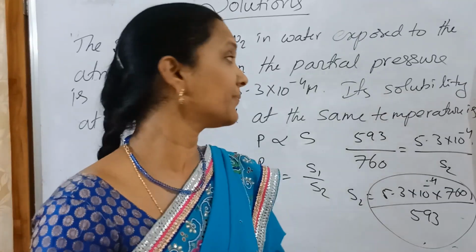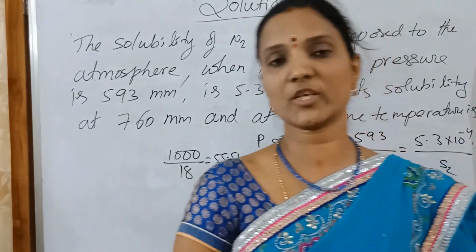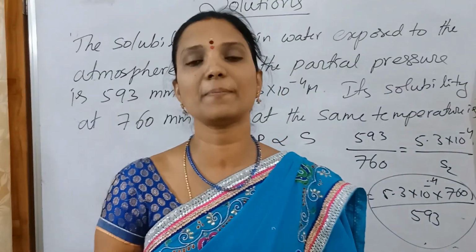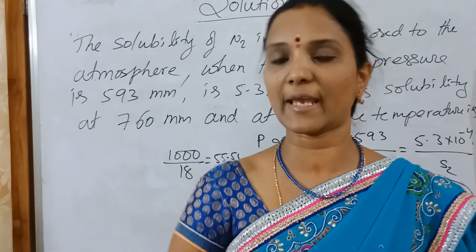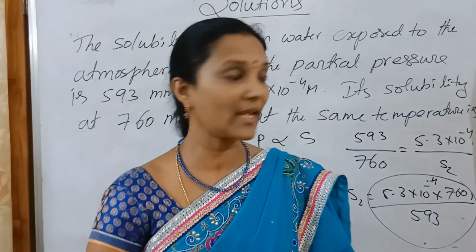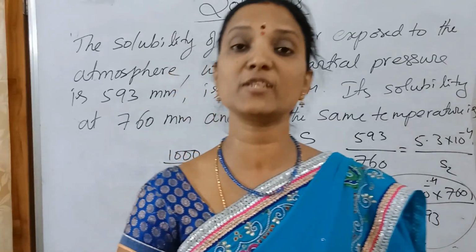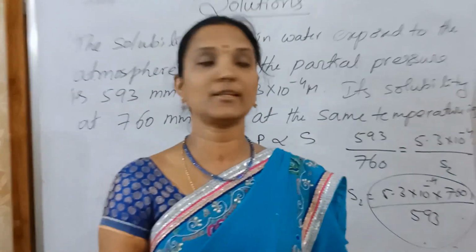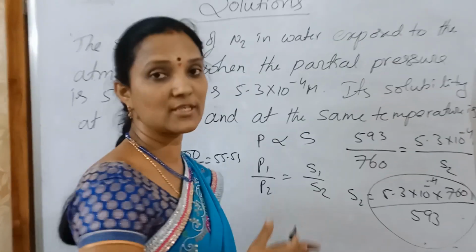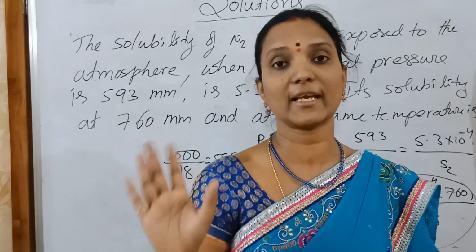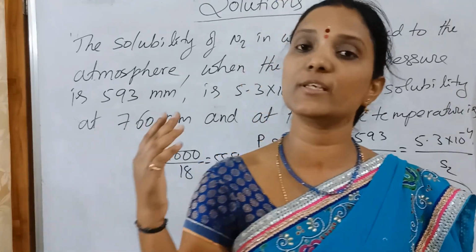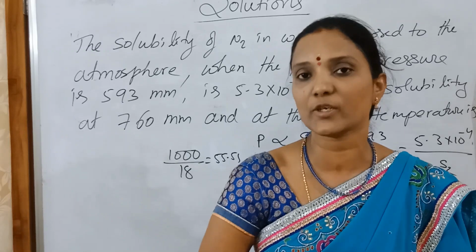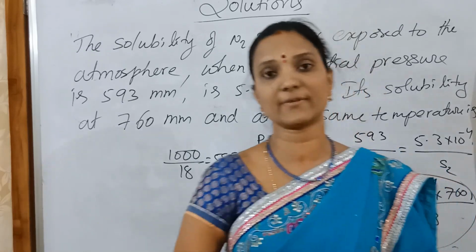Sometimes, instead of partial pressure, they will mention the total pressure of air. Total pressure of air is this much and the mole fraction of nitrogen in air is this much. Calculate the mole fraction of nitrogen in solution.